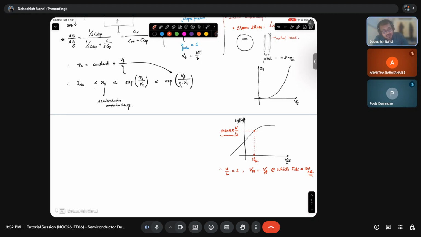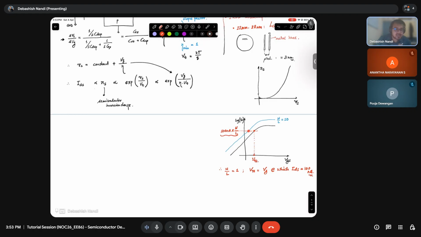Now let's say if you are increasing your W by L, your current will also increase. Let's say in this case W by L is equal to 10. How will you calculate your threshold voltage? If I calculate it in this same line, the threshold voltage will be much lower here.